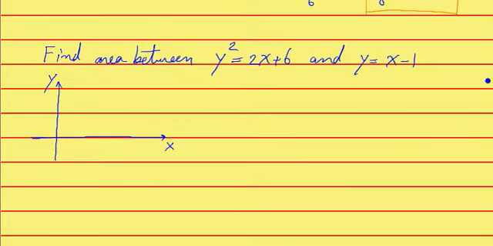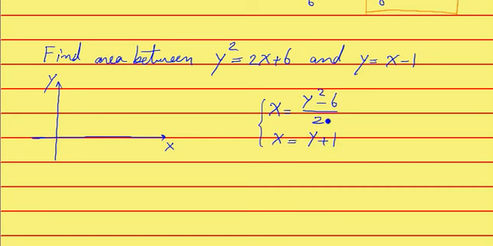So if you want to see the parabola here directly or convert it to a function format, you can write this as x is equal to y squared minus 6 divided by 2. If you want to write this one in the same style, you write it as x is equal to y plus 1.